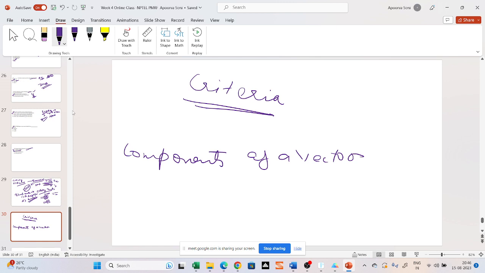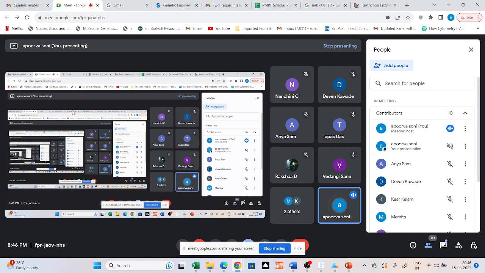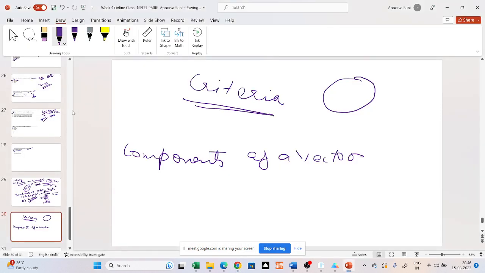So suppose I'm making this vector map, okay. Low molecular weight, yes, low molecular weight is a criterion for a good vector. So see, the basic criteria: you have a plasmid, and from that plasmid, you design a vector. So there are certain things that you have to add in this plasmid to make it a vector.